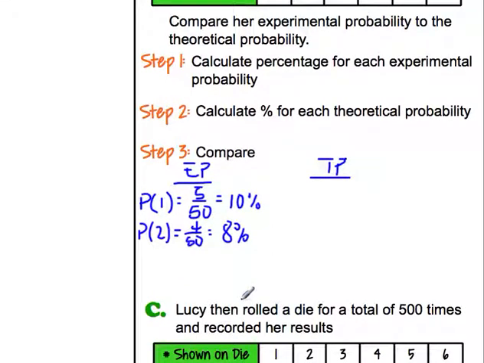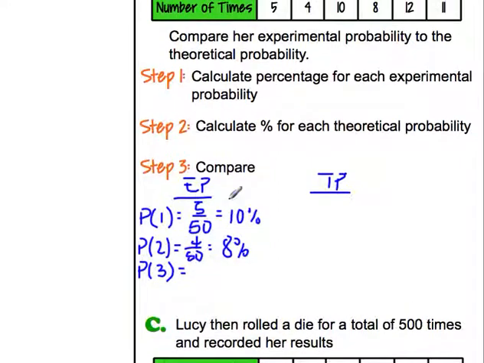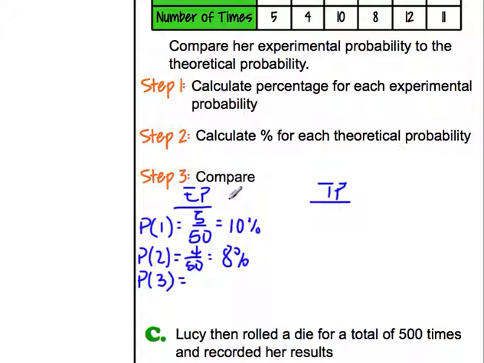The probability of getting a 3, if you look at this, and I should scroll this back down for you, is 10 out of 50, which is 20%. The probability of a 4 is 8 out of 50, or 16%.